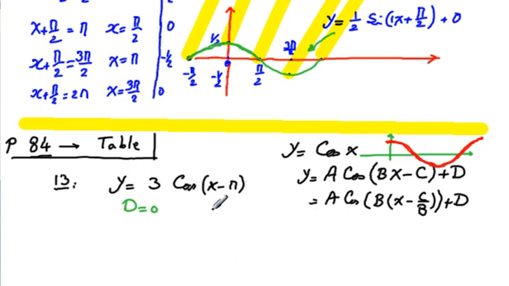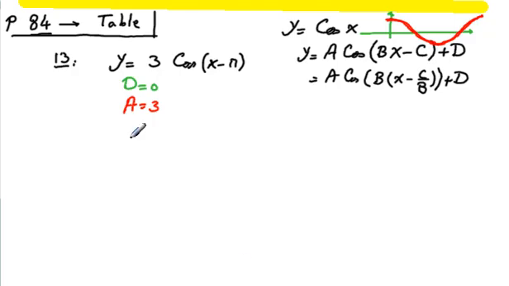Okay, what is it that is changing? What does this 3 do to it? Which one of those quantities is 3? Is A. So what do we have? Let me draw it all at the same time. So our basic function perhaps was this.